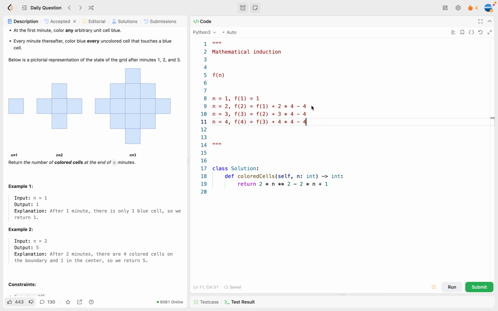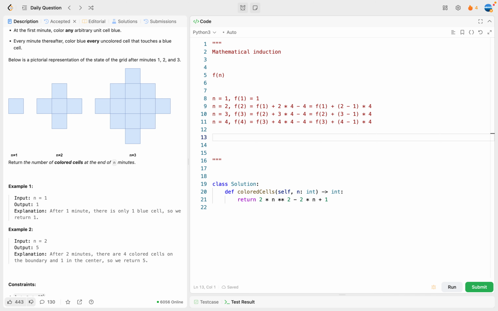So you can write one step further: f2 equals f1 plus 2 minus 1 times 4, f3 equals f2 plus 3 minus 1 times 4, and f4 equals f3 plus 4 minus 1 times 4.